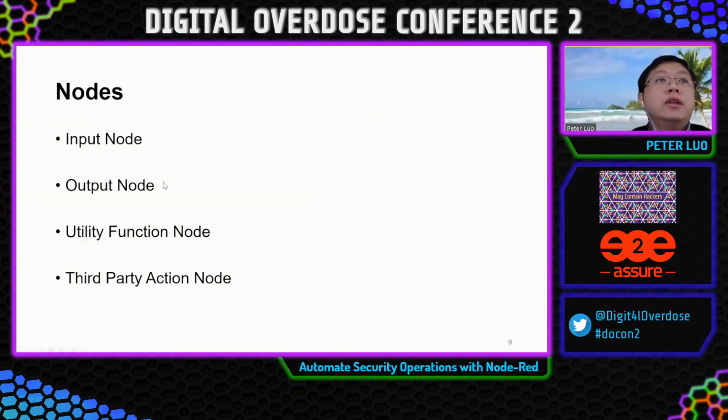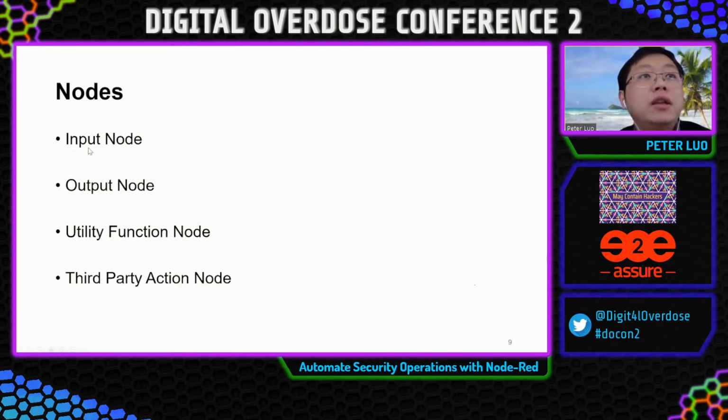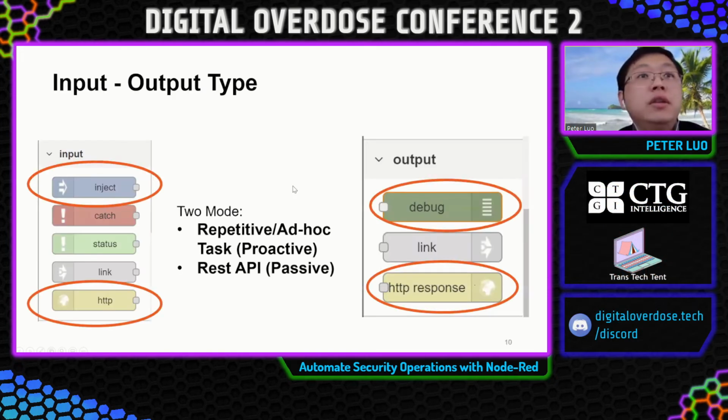Let's get a little bit deeper into the Node-RED stuff. I think you have seen the nodes. Nodes have four types: input nodes, output nodes, utility function nodes, and third-party action nodes. The input node has two types: the inject node and HTTP endpoints.